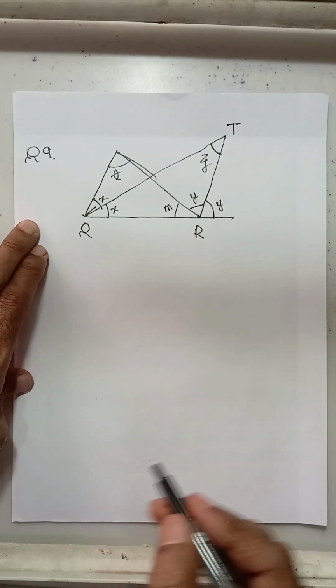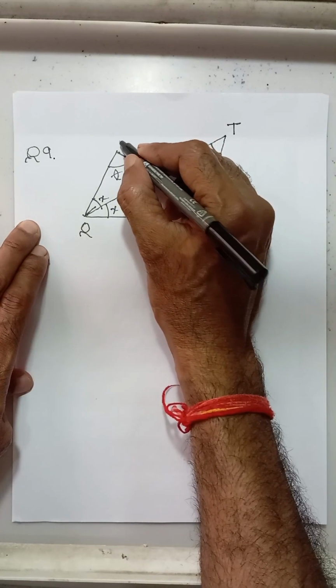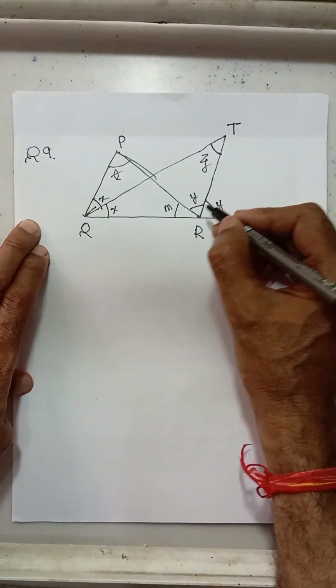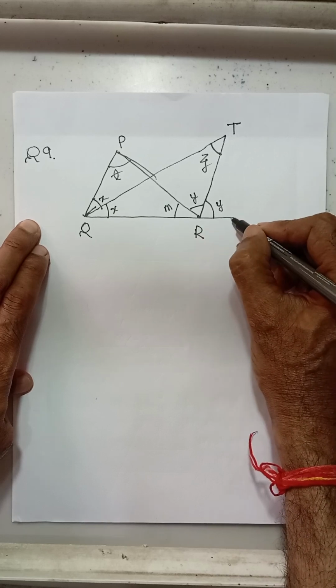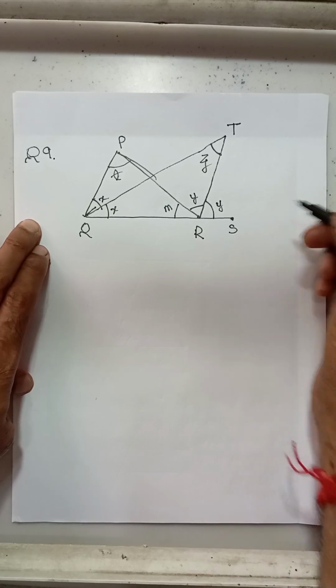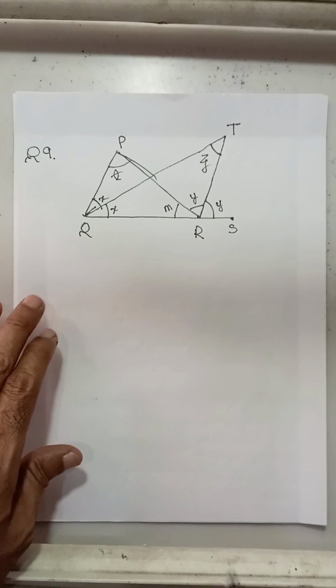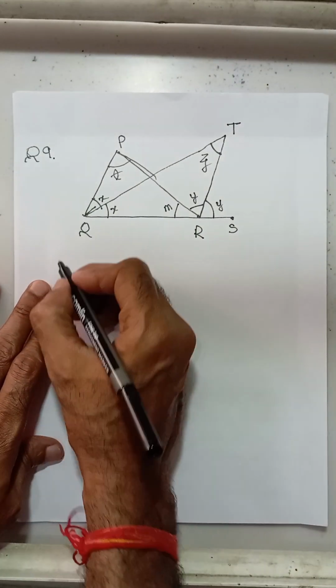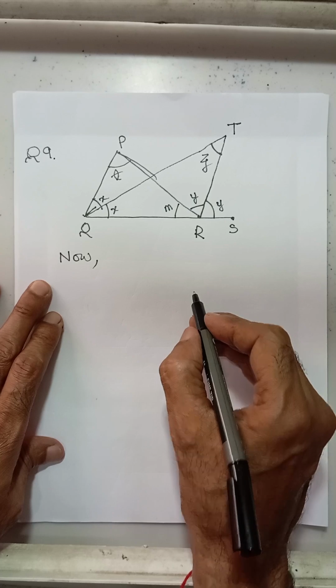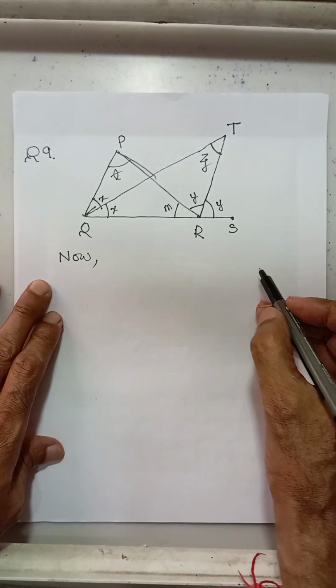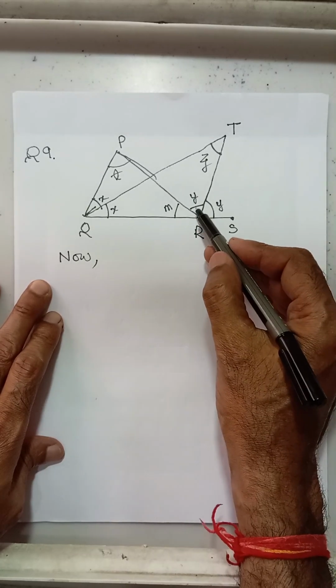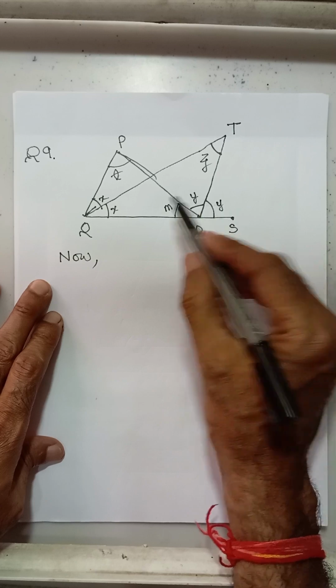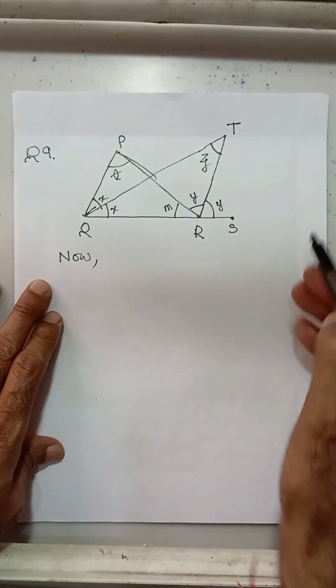So this is P, this is R, and this is S. Now we know that an external angle of a triangle is equal to the sum of the two opposite internal angles.